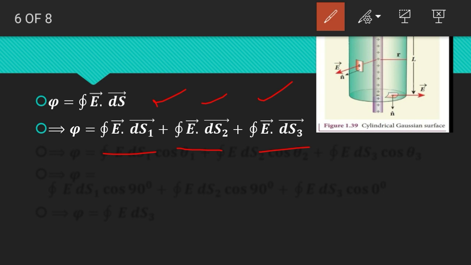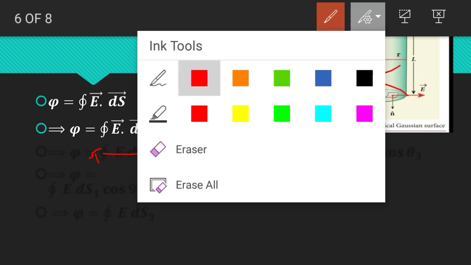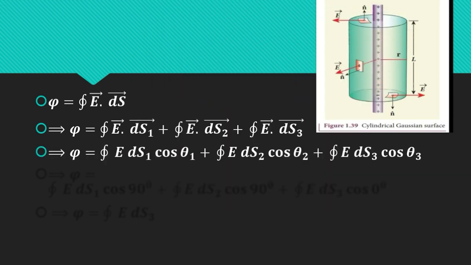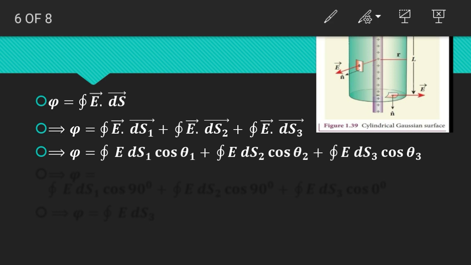Now, E dot ds1 over the S1 surface, E dot ds2 over the S2 surface, and E dot ds3 over the S3 surface. Now, A dot B is equal to AB cos theta, so E dot ds1 is E ds1 cos theta 1, E ds2 cos theta 2, and E ds3 cos theta 3, right?